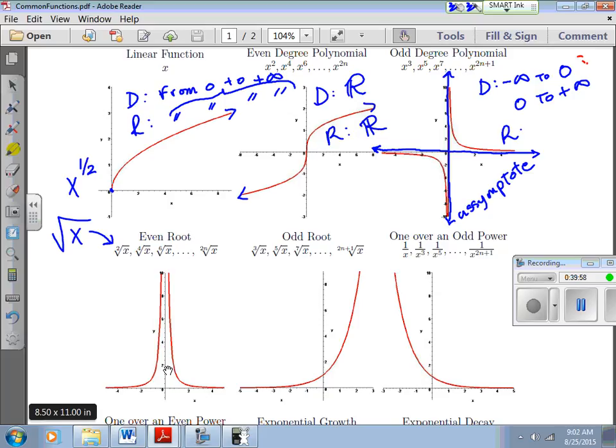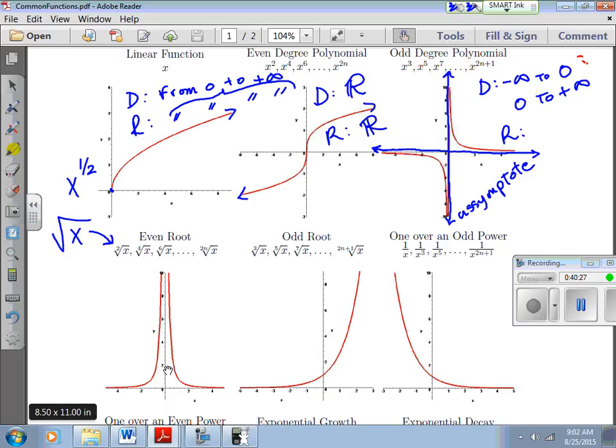How about the range? What do you think the range is? Can I go all the way to the bottom of negative infinity? Yeah, I'm going to have a y value of negative infinity. It's got an x value that goes with it. What happens as I move up closer to the origin, though?